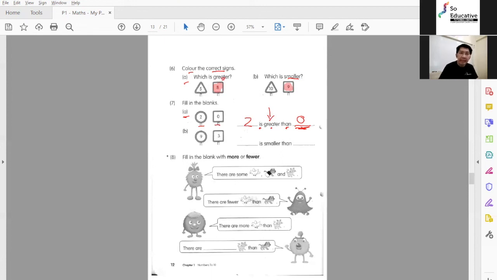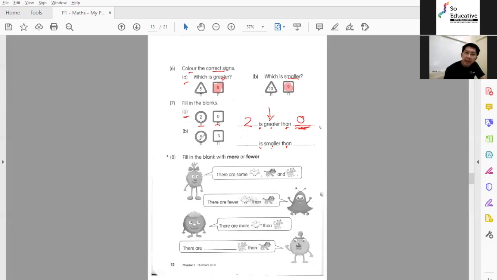7B, asking us which number is smaller than which number? Okay, let's read the question again carefully. The question is asking us which number here is smaller than which number?